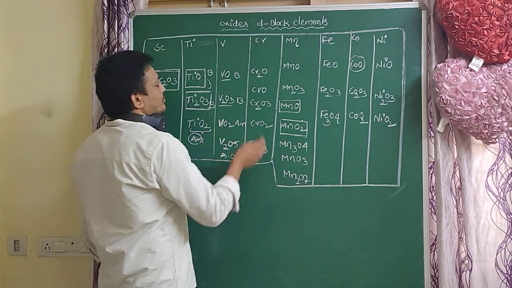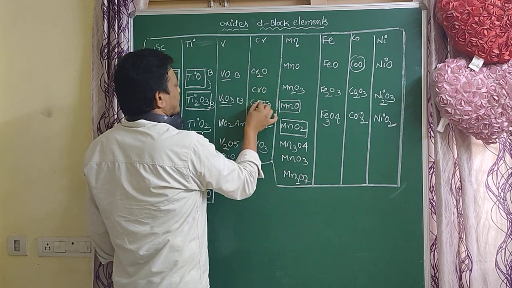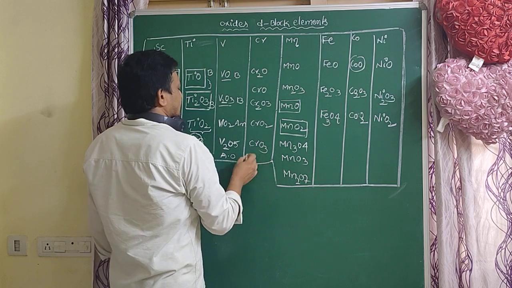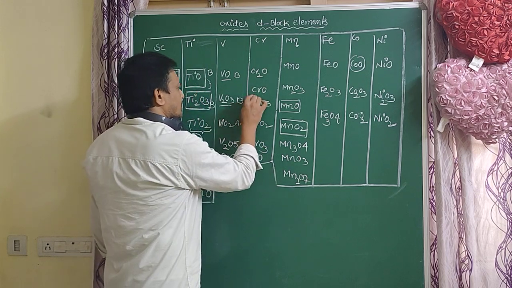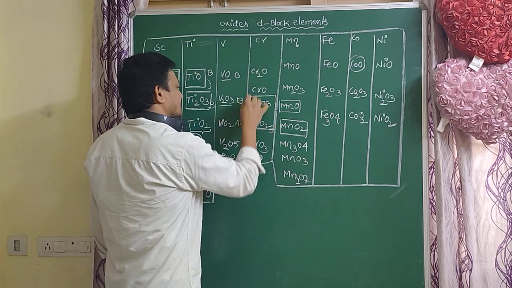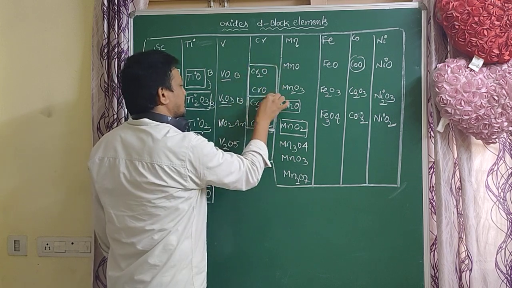Chromium forms more oxides: Cr2O, CrO, Cr2O3, CrO2, and CrO3. CrO3 is an acidic oxide, Cr2O3 and CrO2 are amphoteric oxides, and Cr2O and CrO are basic oxides.